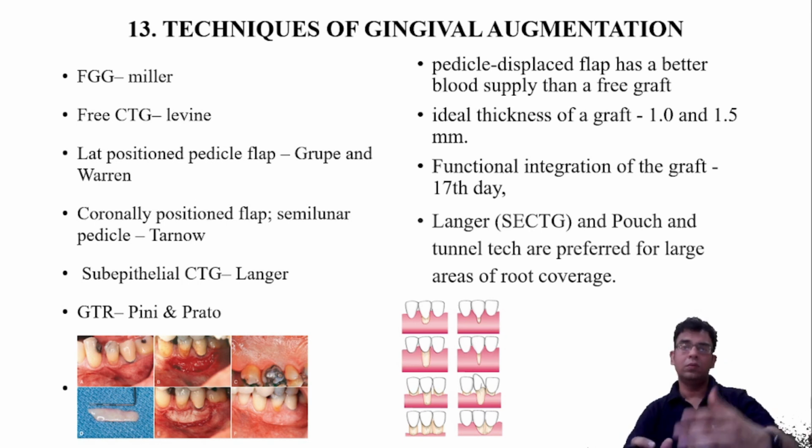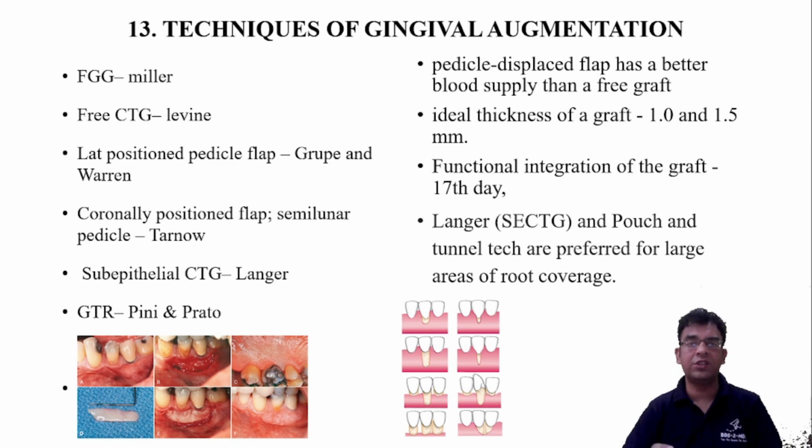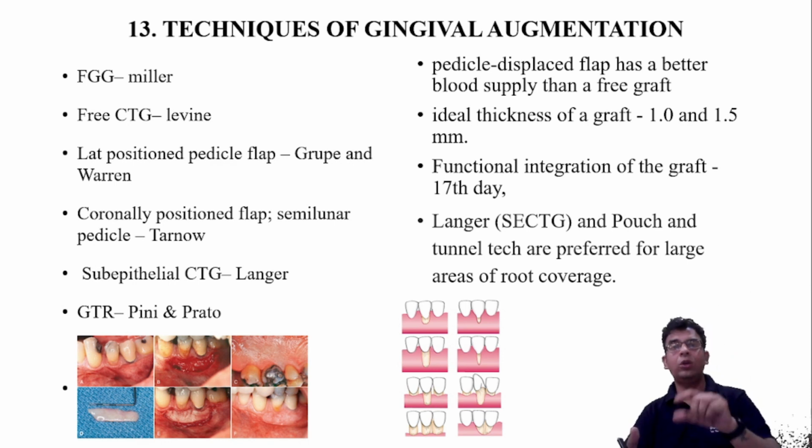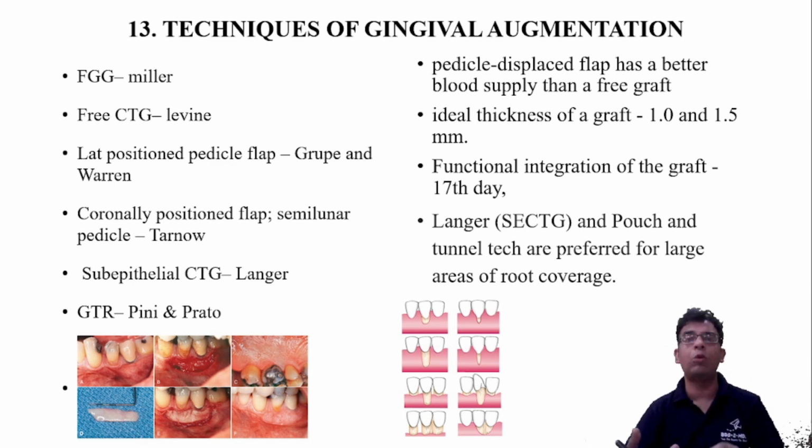When you do below the recession, when you do above the recession for root coverage, the difference, how can you increase the width of attached gingiva, how can you deepen the vestibule, which gives you better color matching, which can be used for a single tooth or which can be used for multiple teeth. That has to be done.